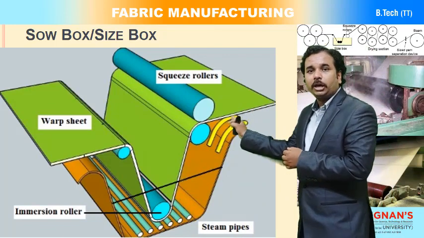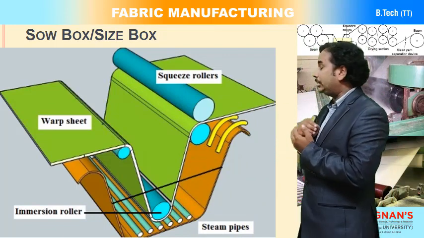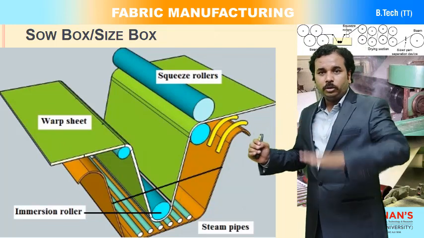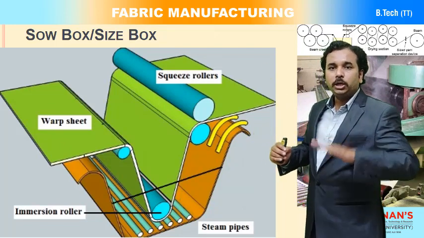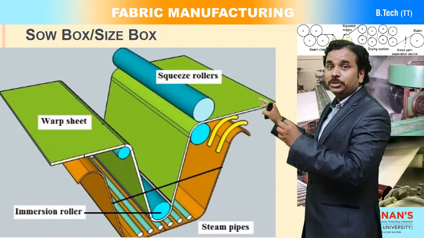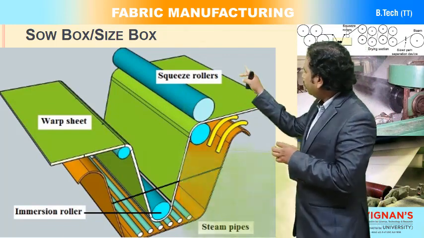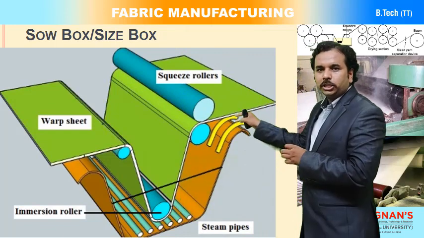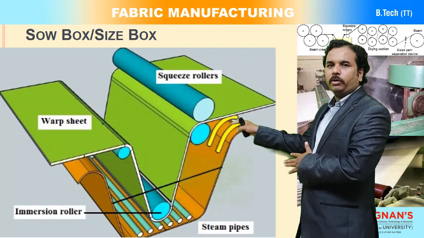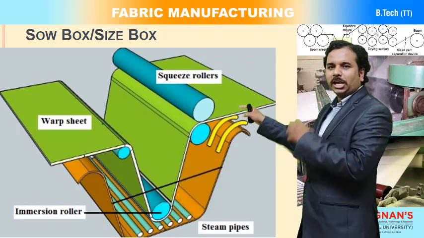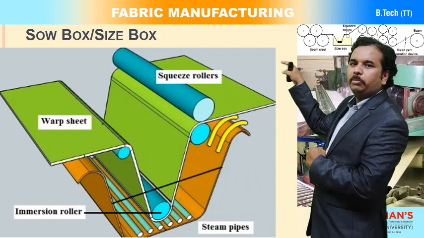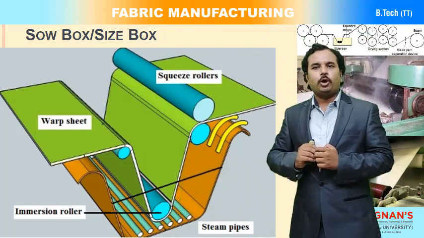The main function of this immersion roller is to immerse the warp sheet, that is, to dip the warp sheet into the size box. That is why we are using the immersion roller. The warp sheet is dipped into the size paste, and after that it is passed on.